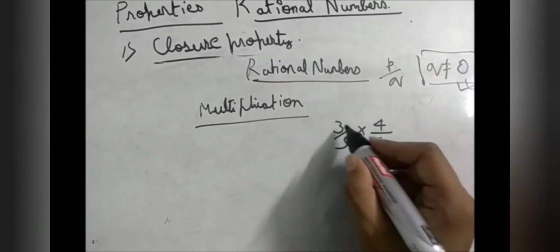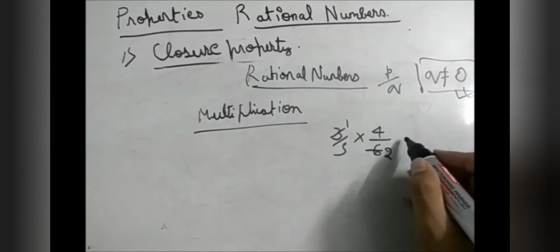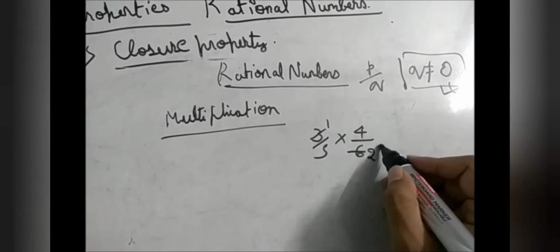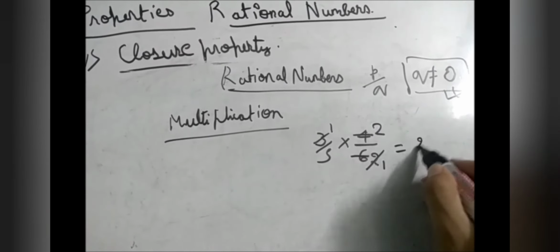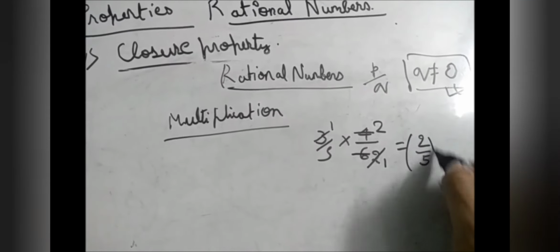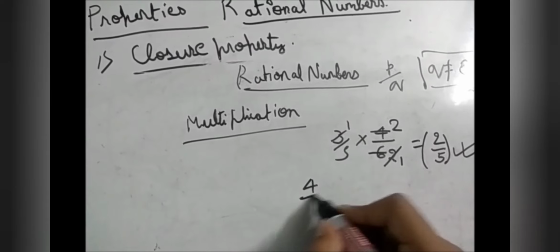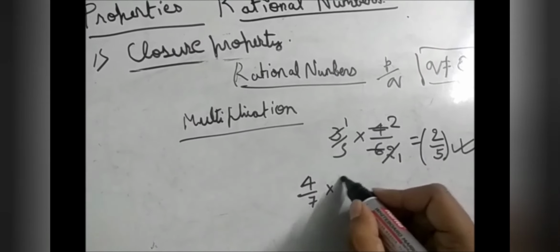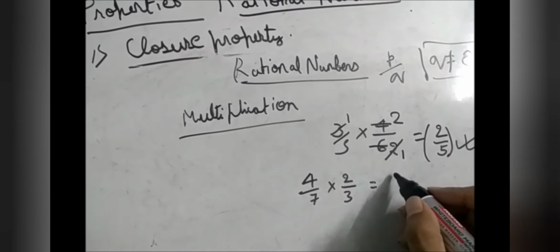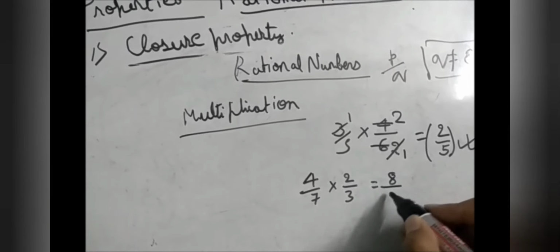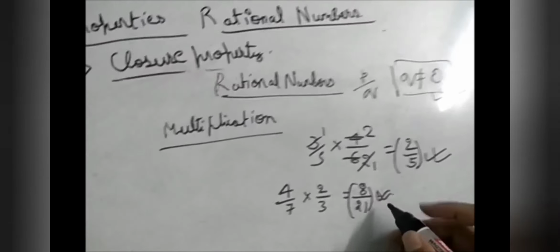We can further simplify, like 3 ones are 3, 3 twos are 6, and 2 ones are 2, 2 twos are 4, which can finally be written as 2 by 5, which is a rational number. Now we can take 4 by 7 into 2 by 3, which will be equal to 8 by 21, which is a rational number.